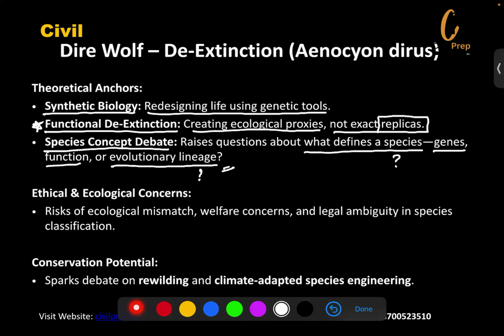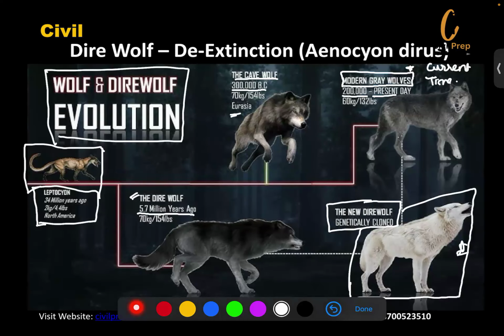Now, there are certain ethical issues also with respect to risk of ecological mismatch, welfare concerns, and legal ambiguity in species classification. For example, now we can see here the formation of a new species which has taken place, and this is linked to the direwolf. Okay.